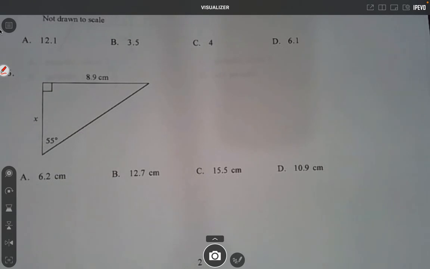Opposite is what's across from it. Adjacent is what's next to it. So the tangent of 55 is the opposite over adjacent. How do you solve for x? Same thing I did on the last one. When the x is in the denominator, you switch them.